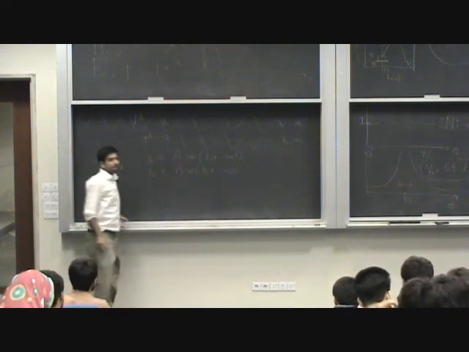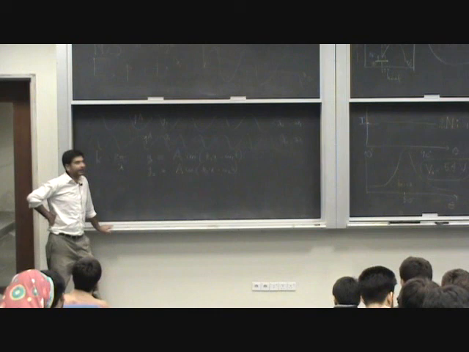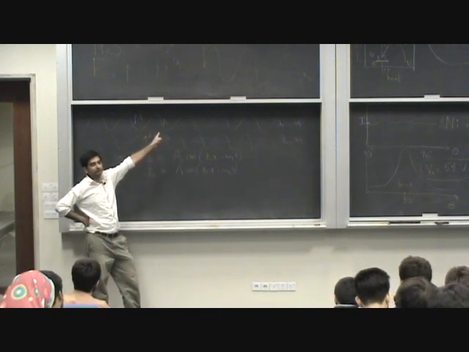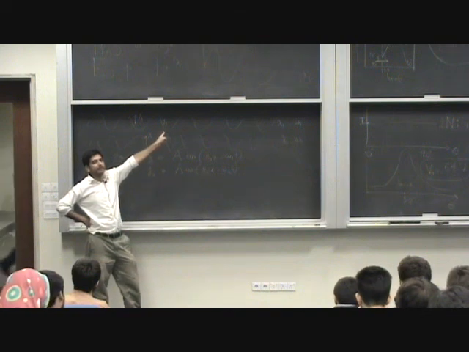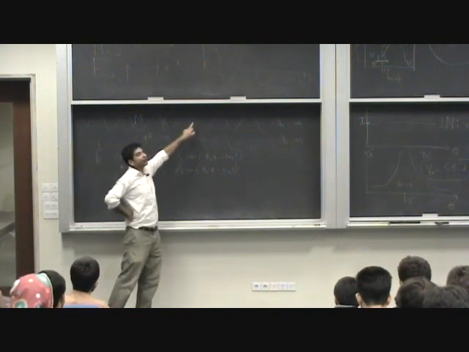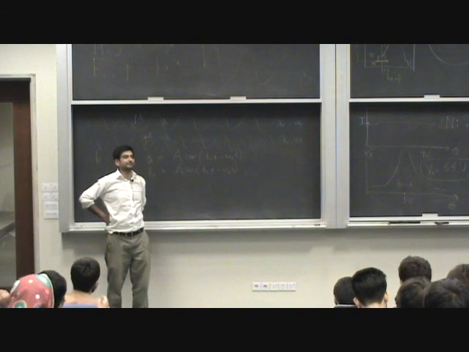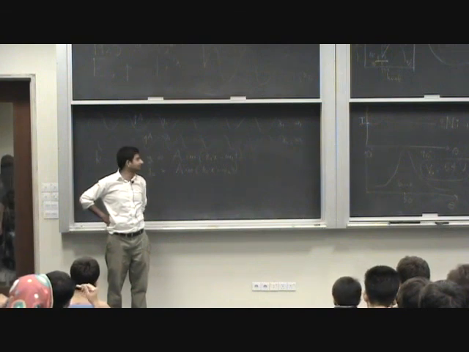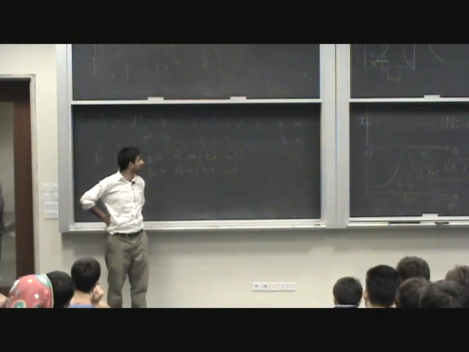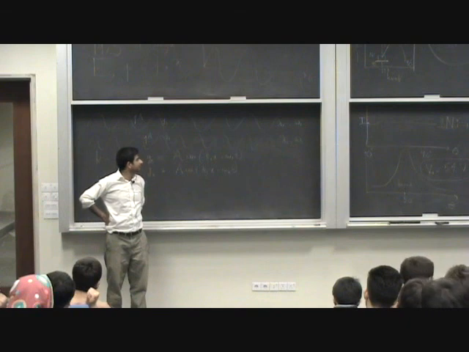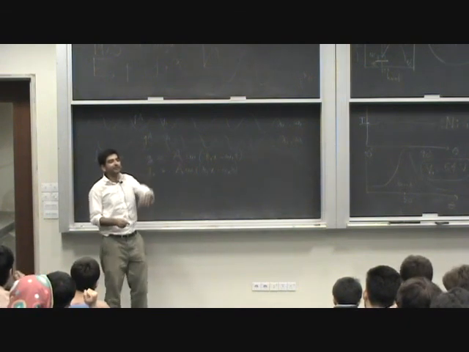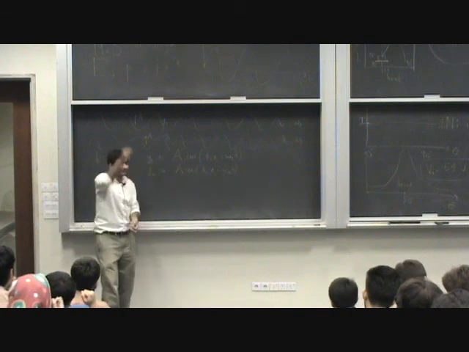ठीक है? So what is the velocity of the first wave. अच्छा, इस वेव की velocity को कैसे डिफाइन करते हैं? dy by dt. I'm not talking about the velocity of the particle that is going up and down.